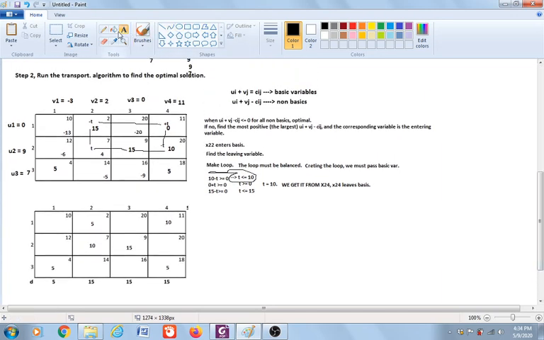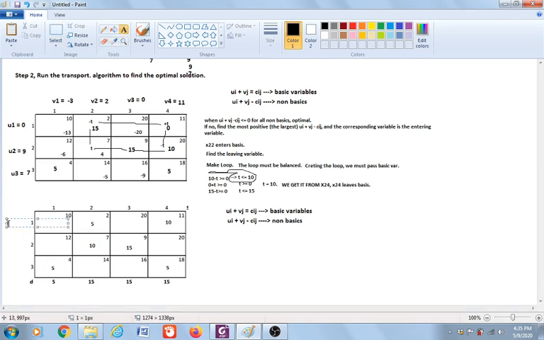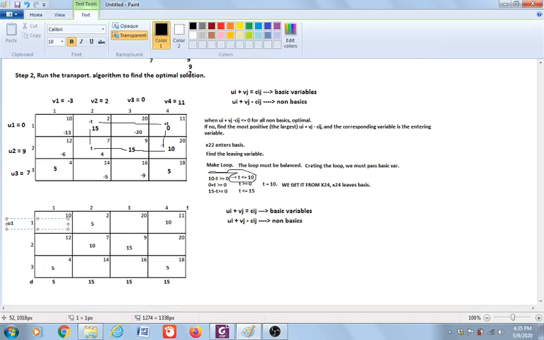Now we need to repeat the same thing. We need to use this equation again. So we need to calculate u and v. So we have u1 equals 0.